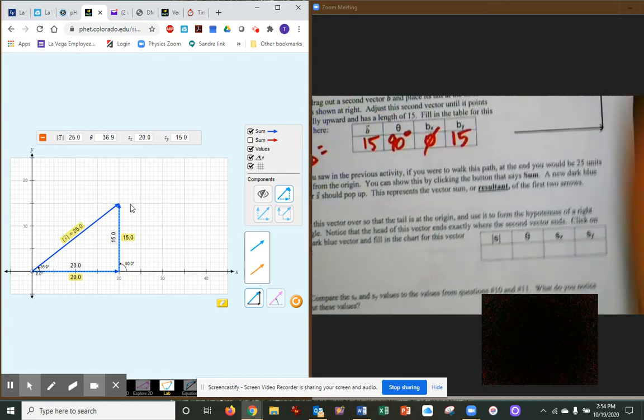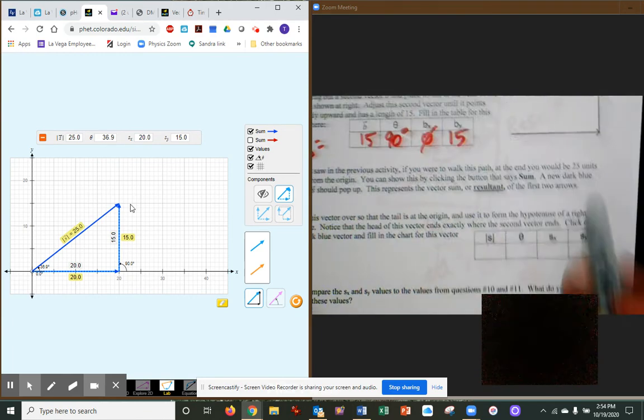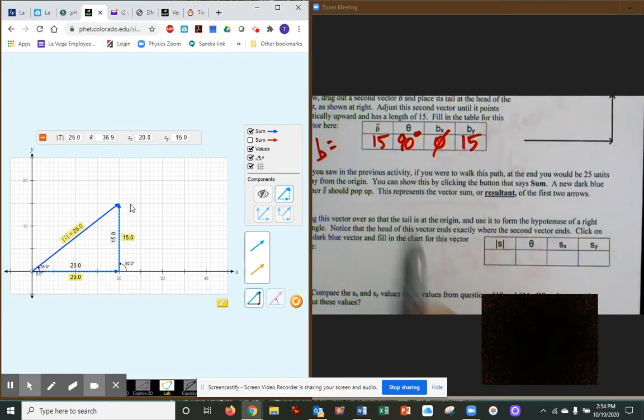Okay, clear as mud? So 25 units, you can show this by clicking the button that says sum. The new dark blue vector S, that's this one right here, should show up. This represents the vector sum or resultant of the first two arrows, or the first two vectors.